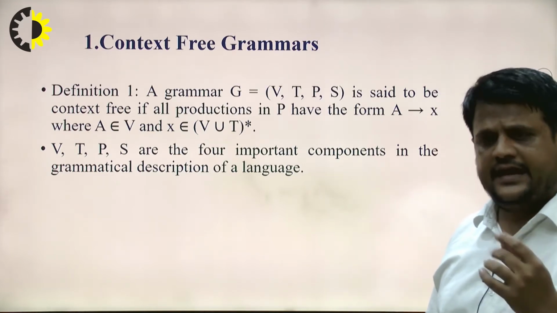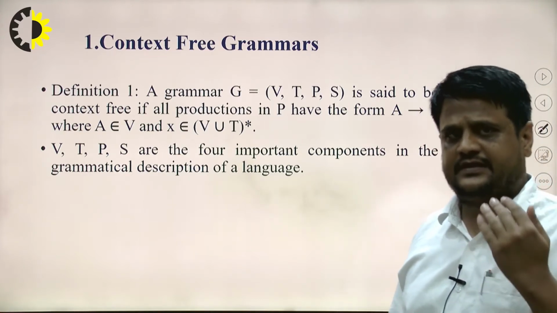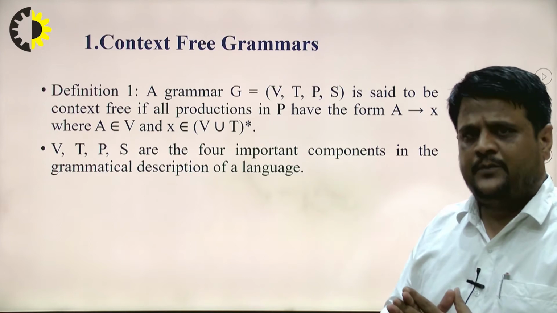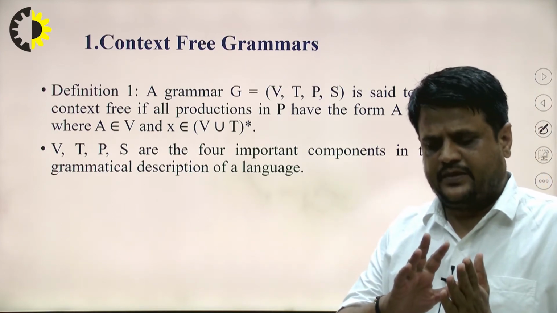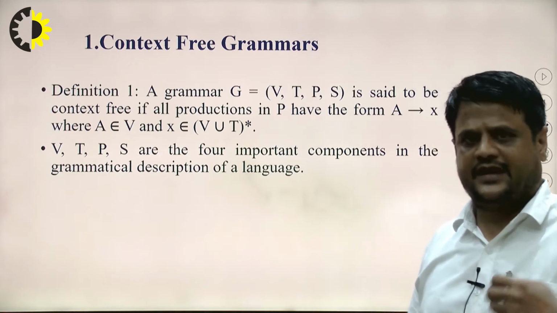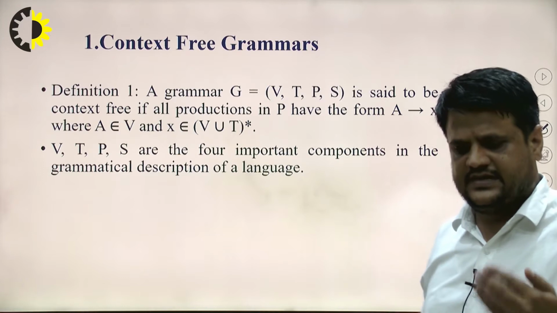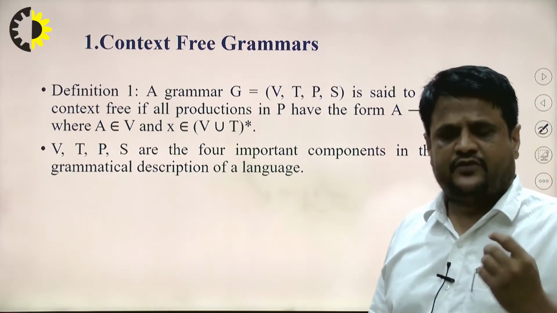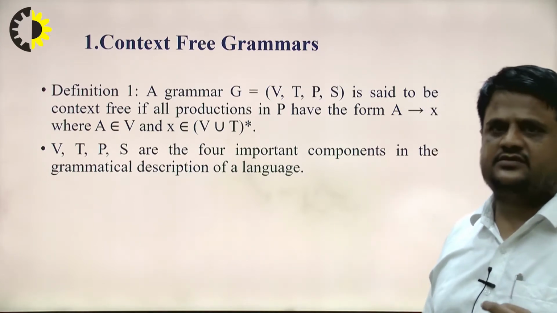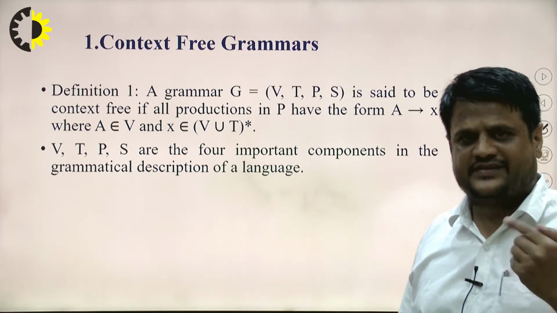So, what is the context-free grammar? Basically, any grammar can be represented by the 4-tuple G = (V, T, P, S). But the restrictions imposed on the productions classify the grammar into various types. For example, if there are no restrictions on the production rules of a grammar, then it is an unrestricted grammar.